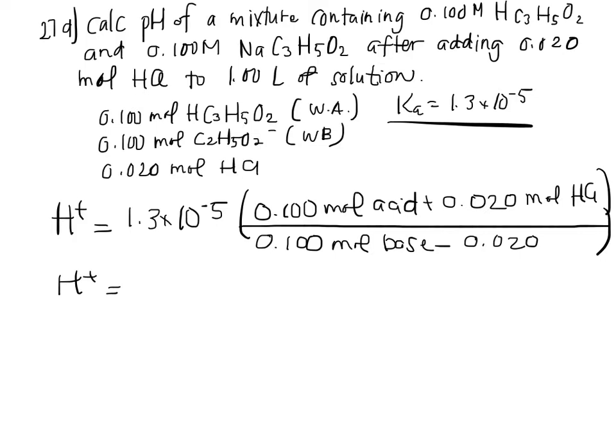Okay, so are you with me? I'm thinking that you got the correct answer is 1.95 times 10 to the negative 5 as your H plus concentration.